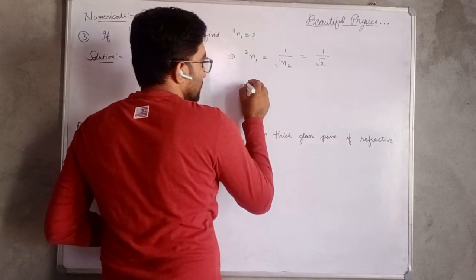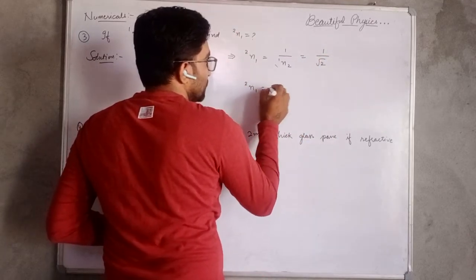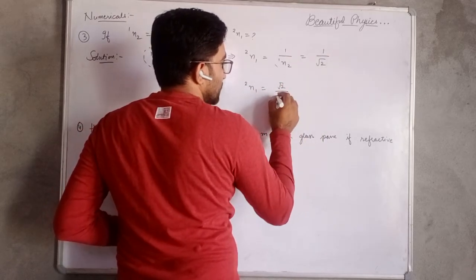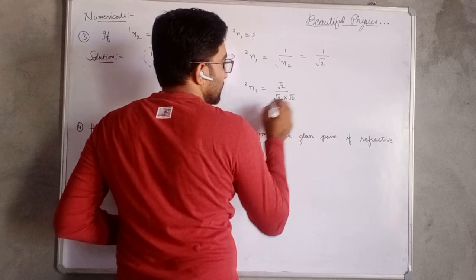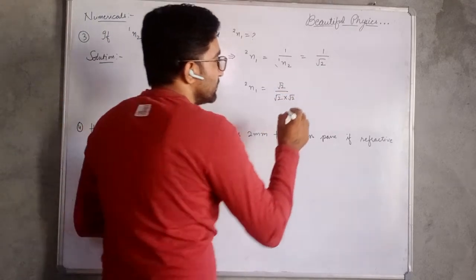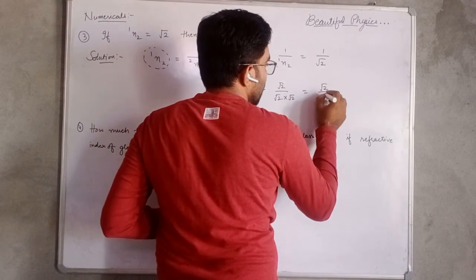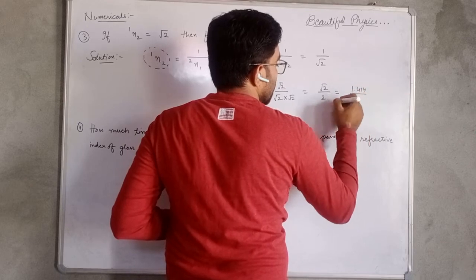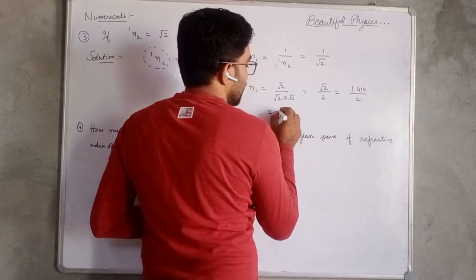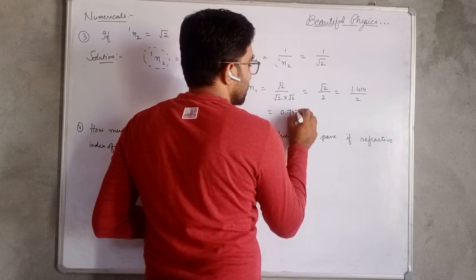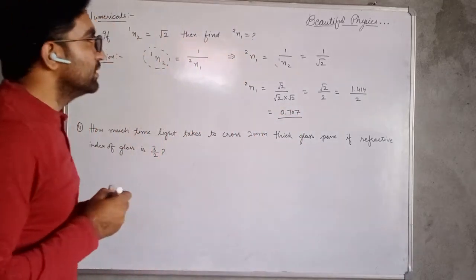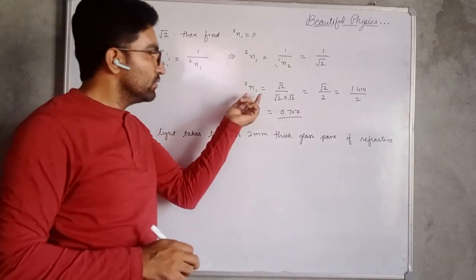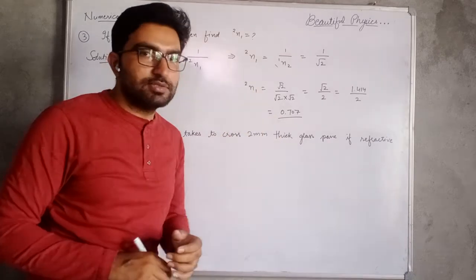We multiply and divide by square root 2, then we have the value square root 2 divided by 2, and it is equal to 1.414 by 2. So the refractive index will be equal to 0.707. Okay, it is given the refractive index of the second medium with respect to the first medium, and the refractive index of the first medium with respect to the second medium is 0.707.